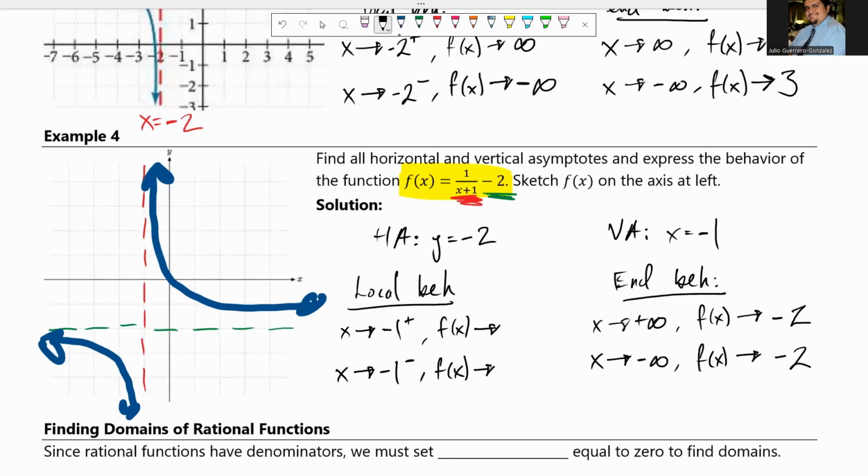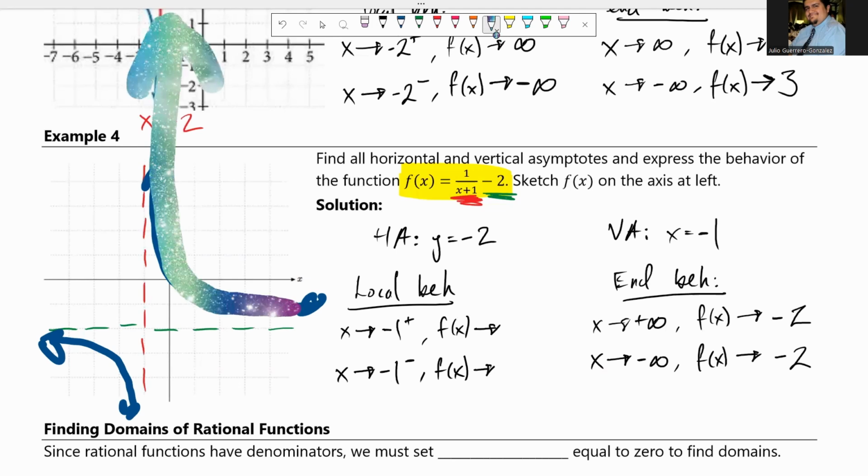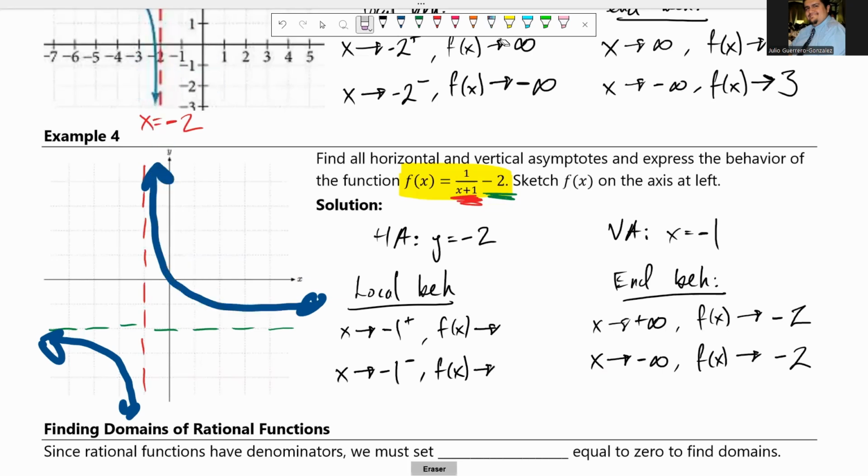As x values go to -1 from the positive side, notice, it's skyrocketing. Since it's shooting straight up, almost, we can go ahead and say that our f of x values are going to positive infinity.